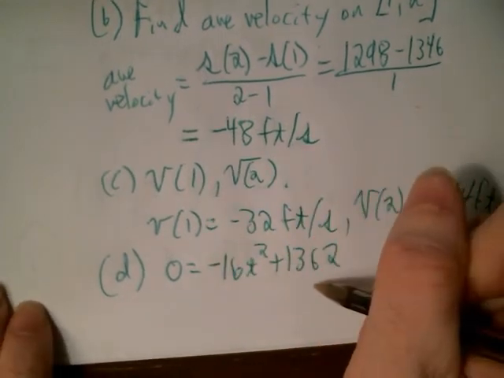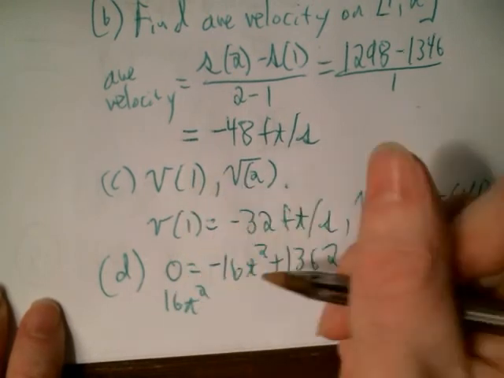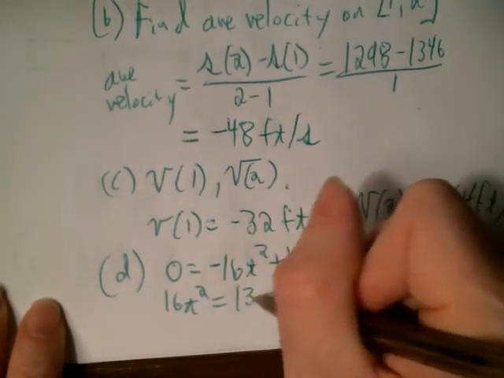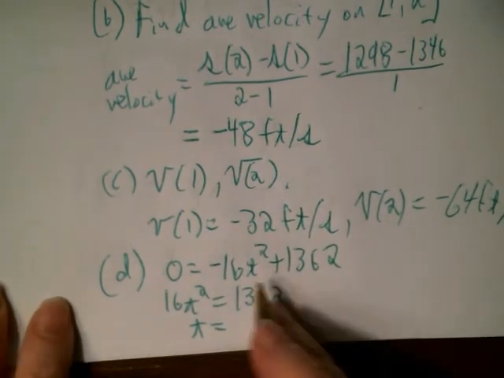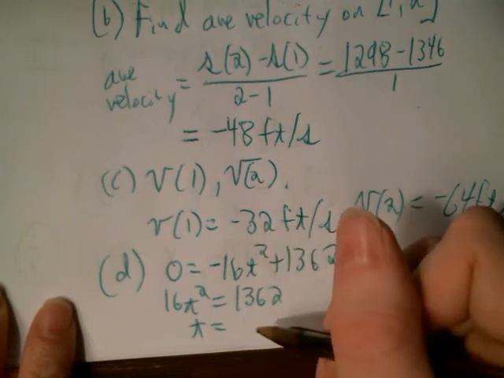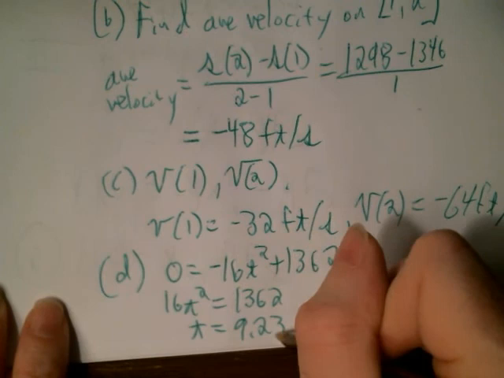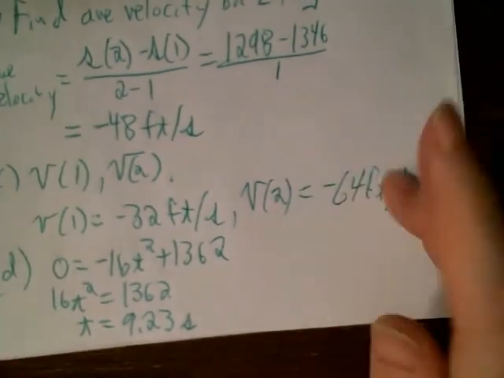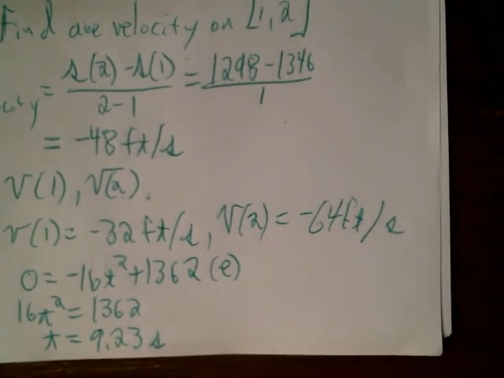So you factor out the 16. 16t squared is 1362. We only want the positive solution, dividing by 16 first. But at the end of the day, we get about 9.23. T is 9.23 seconds.